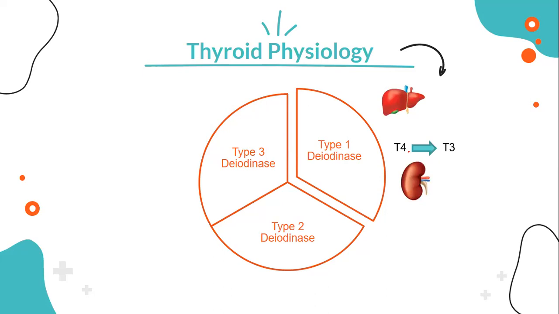So type 1 turns T4 to T3, and type 1 is located in the liver and kidney. Type 2 is in the central nervous system and fatty tissue, and it also transforms T4 into T3 molecules.